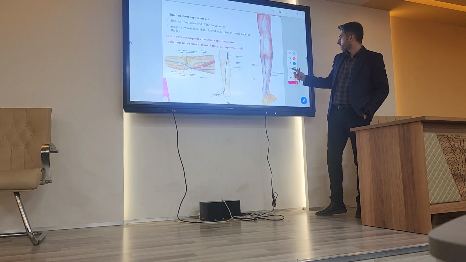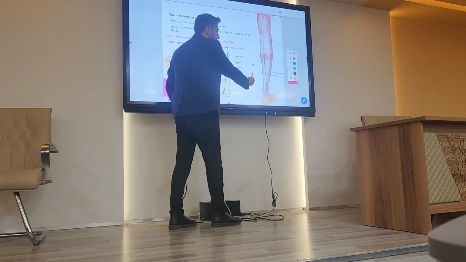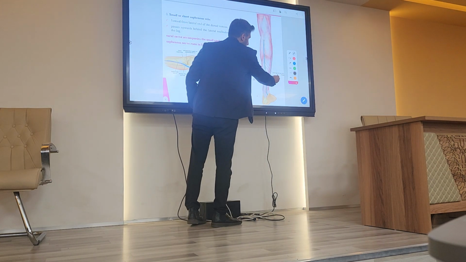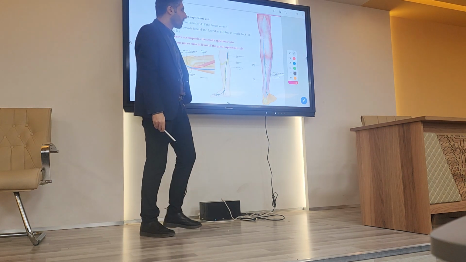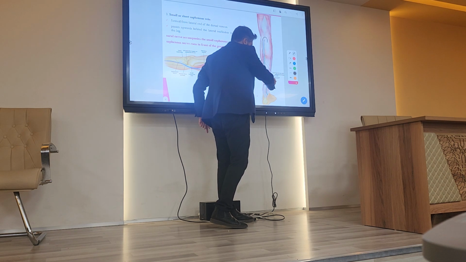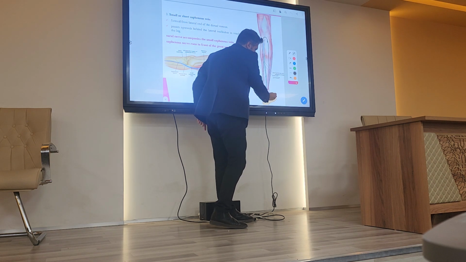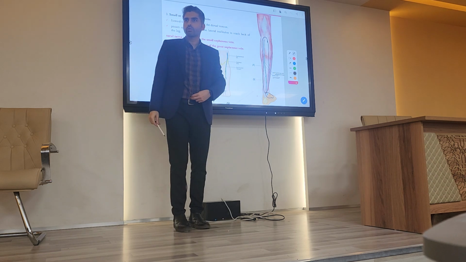Look at the nerve accompanying the superficial veins. This is the small saphenous vein. The nerve is the sural nerve, a sensory nerve, for the posterior side of the leg and lateral side of the foot. We had another question.